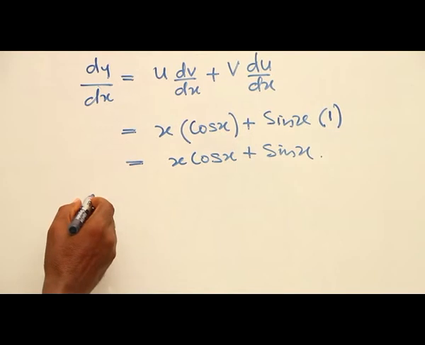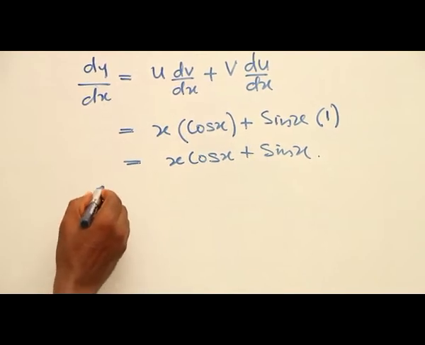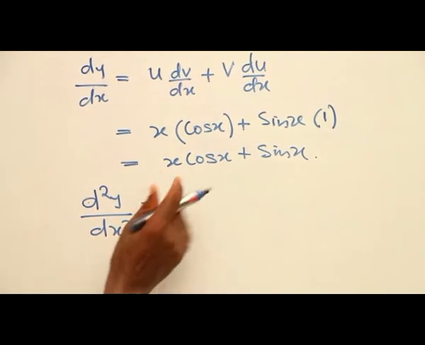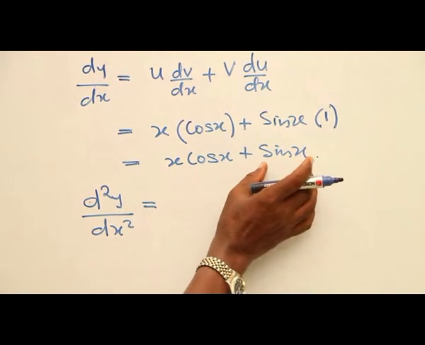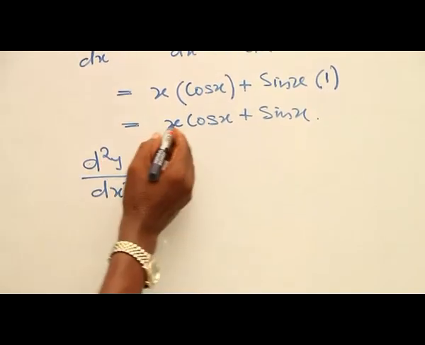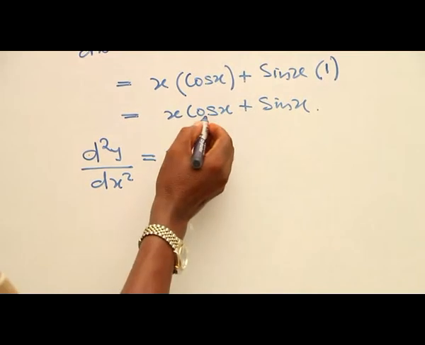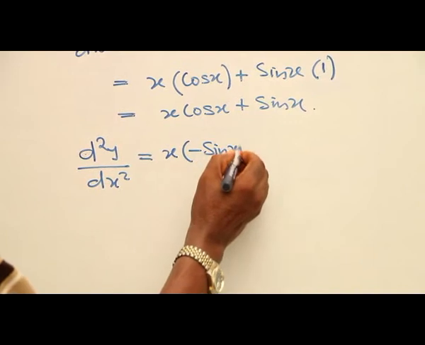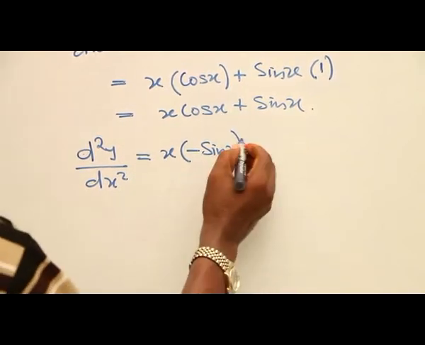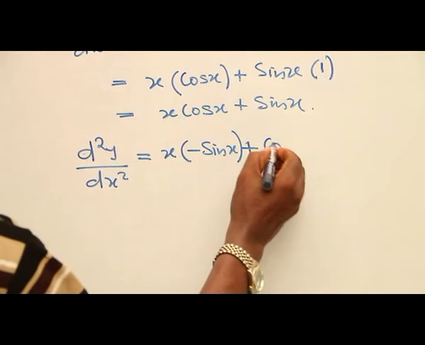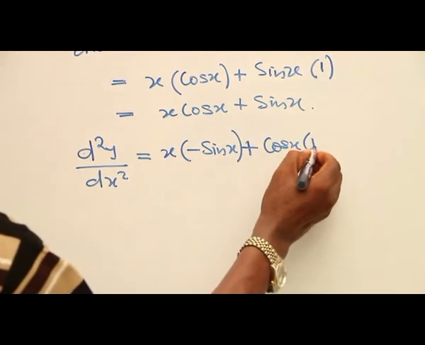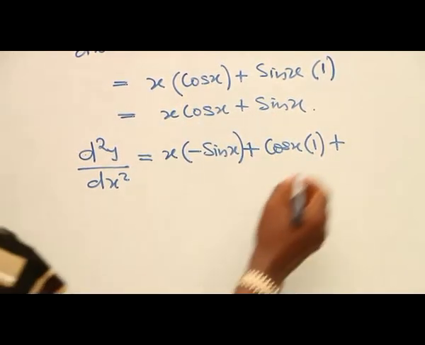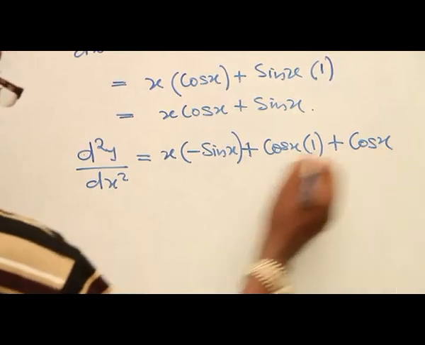For the second derivative, we have d squared y all over ds squared equal to, you differentiate this and differentiate this. So for s times cos s, if you differentiate cos s, you have minus sin s. Then of course, plus cos s, because if you differentiate s, you have 1. Plus, if you differentiate sin s, you have cos s.